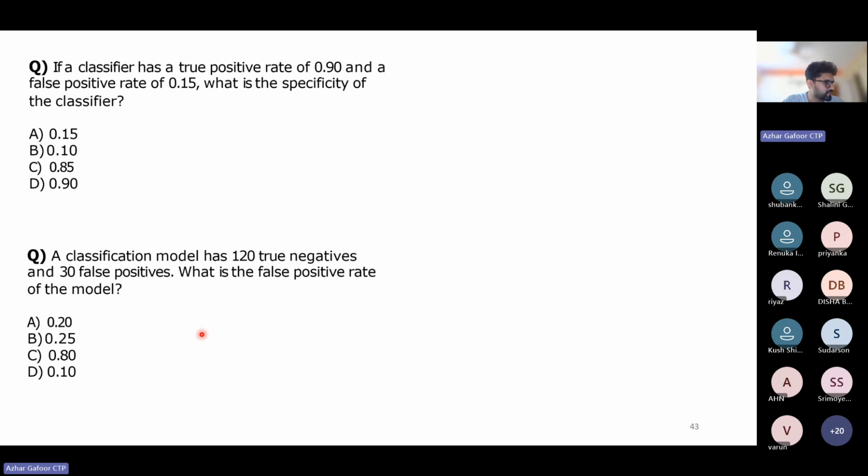I will see. For the next one, question B: a classification model has 120 true negatives and 30 false positives. What's the false positive rate?